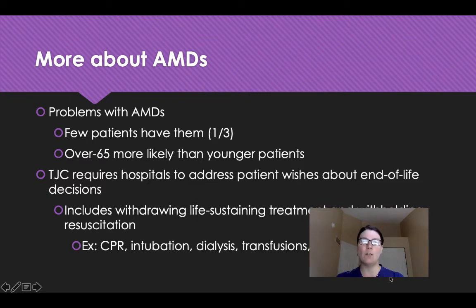Do you want to have all extraordinary measures taken to save your life, etc.? So there's a multitude of questions that we would talk about. Very few patients have them. Only about 1/3 of patients have them, and generally folks that are over 65 are more likely than younger patients. But it's important at any point.